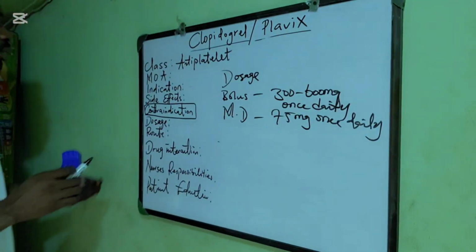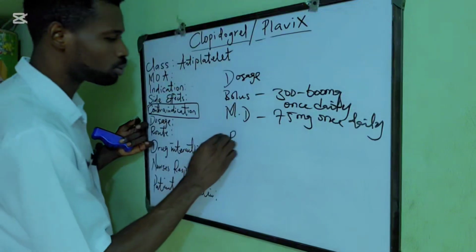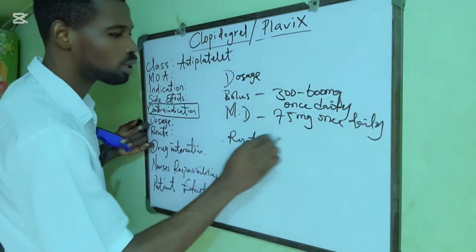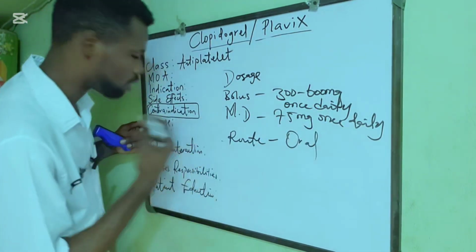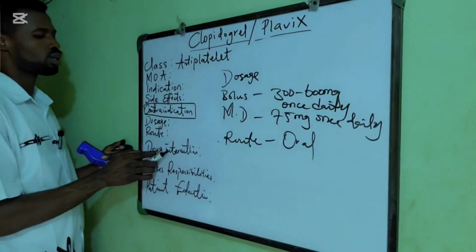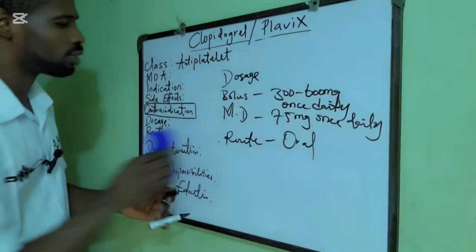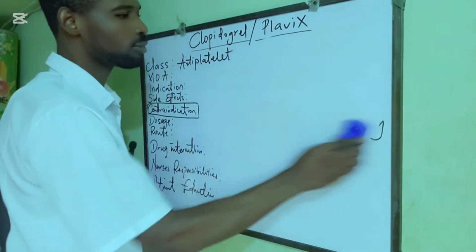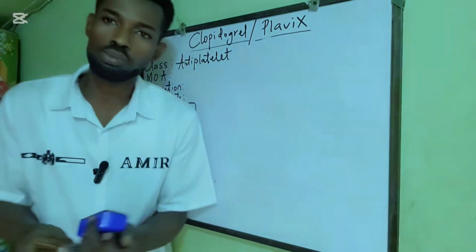Are you with me? Now the next thing is the route. The route is oral, through the mouth. The next thing we are going to be talking about is drug interaction. In this drug interaction, I want you to pay attention.